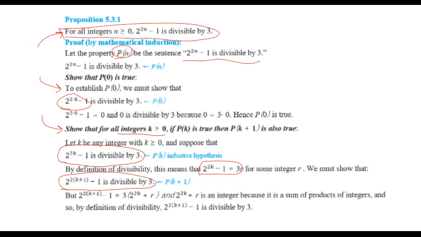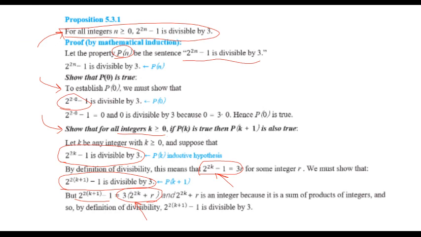So we can simplify 2 to the power 2 times k plus 1 minus 1 using basic algebra and the fact that 2 to the power 2k minus 1 is equal to 3r, and we can factor out the 3 to reach this expression, which says 2 to the power 2k plus 1 minus 1 is equal to 3 times 2 to the power 2k plus r.